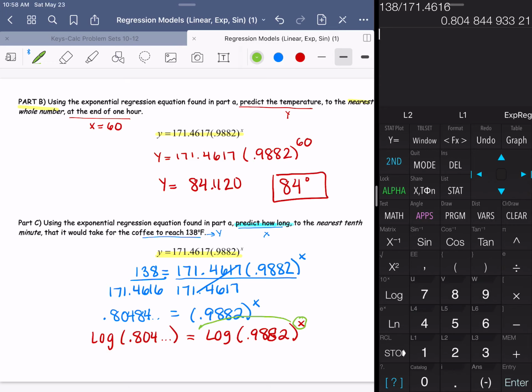So we take the power and drop it in front. So x times log of 0.9882 equals log of all of this. And then to get x by itself, since it's attached by multiplication, we just have to divide by the log of 0.9882 on both sides.